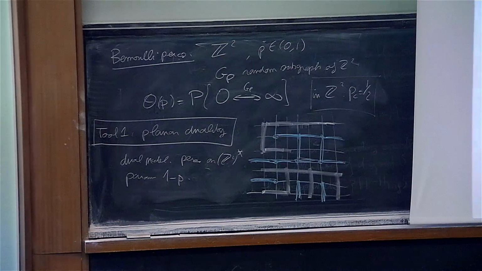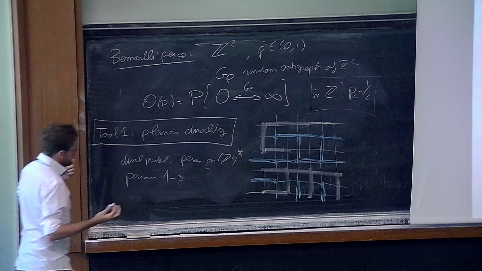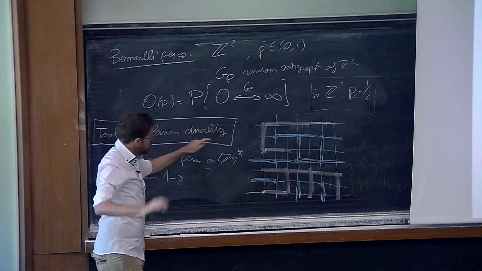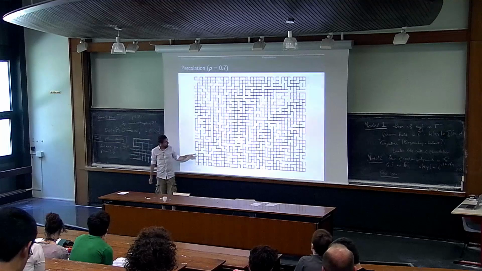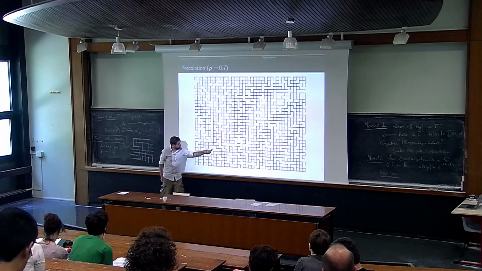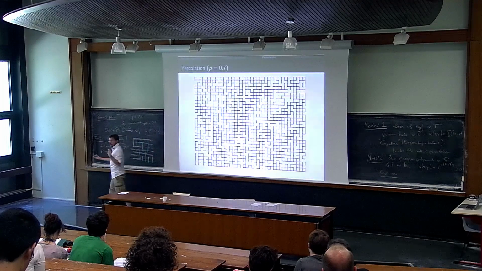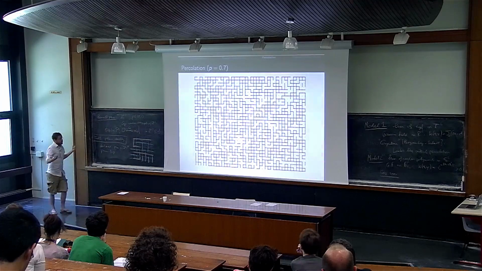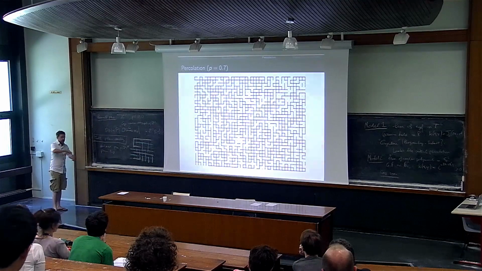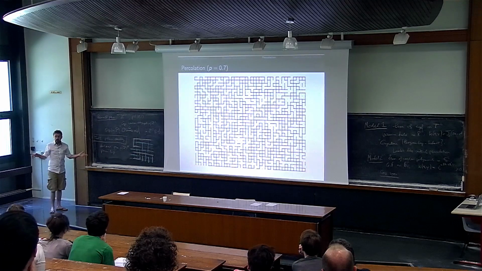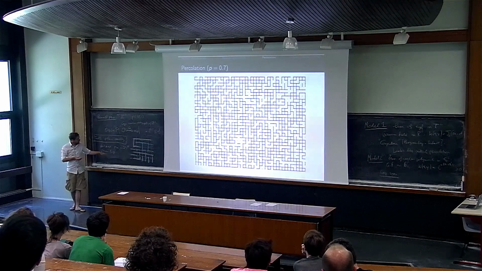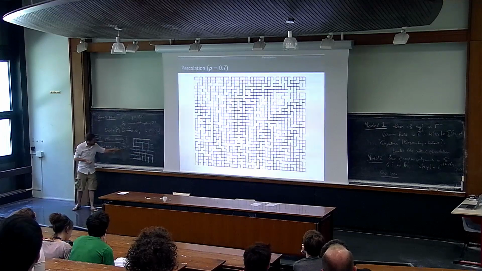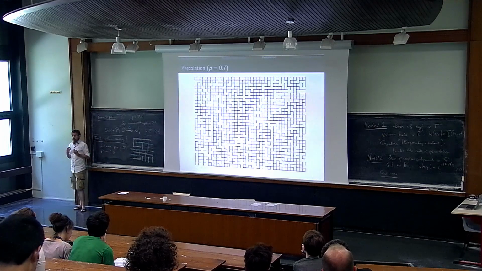And the second thing is, if you have a large cluster in the primal graph, like this, and you look at the dual picture, well, the dual clusters will be surrounded by the loops of the primal cluster, so they cannot be large. And vice versa, if you have no large loop in the primal one, then the dual will be able to span. And so it tells you that it is not possible for the model and its dual to be supercritical at the same time.